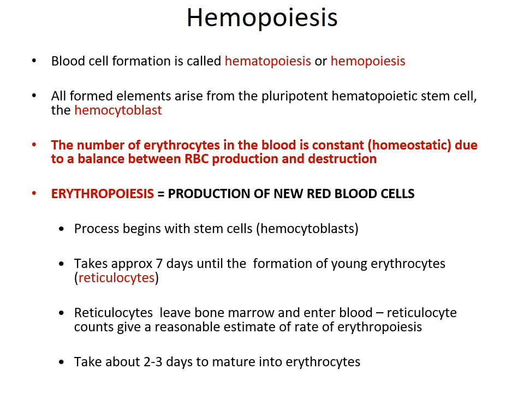That means the total erythropoiesis takes 7 days for the formation of reticulocytes and 2 to 3 days for the reticulocytes to be transformed into erythrocytes. So in total it takes approximately 10 days, 7 plus 3, to get the mature RBC. Remember, the mature RBC is anucleated, it doesn't have a nucleus.